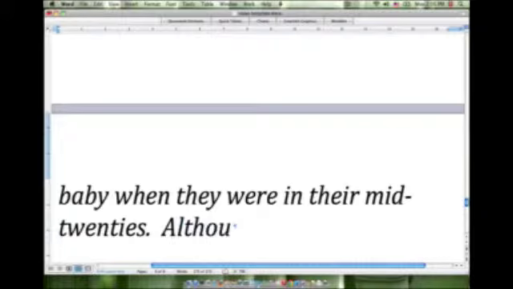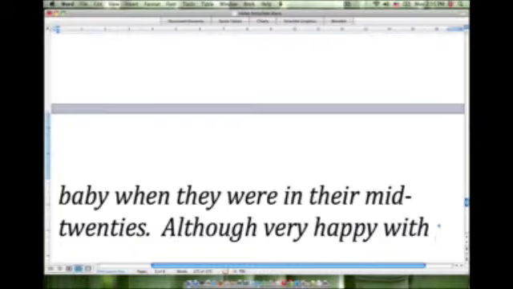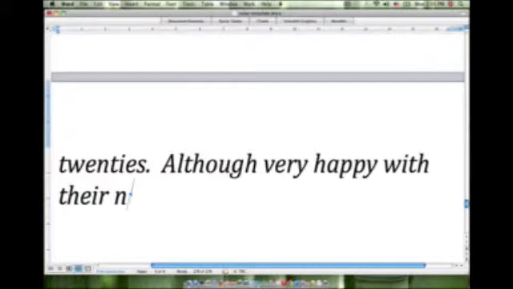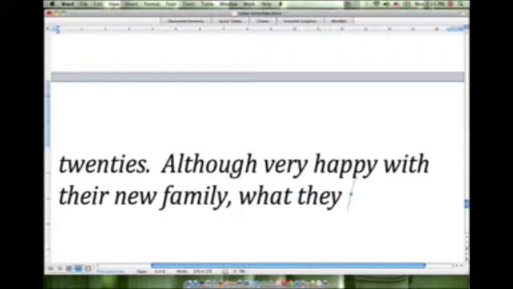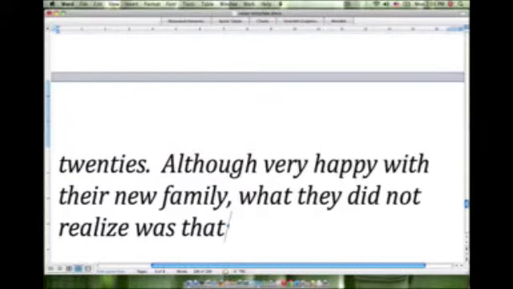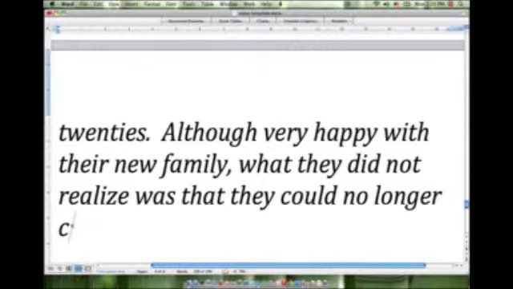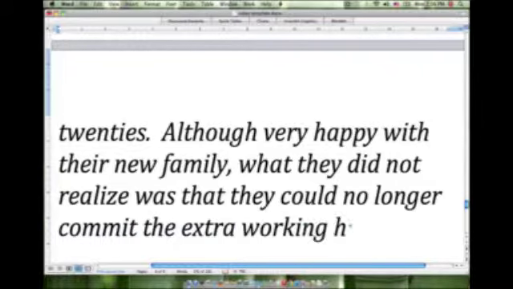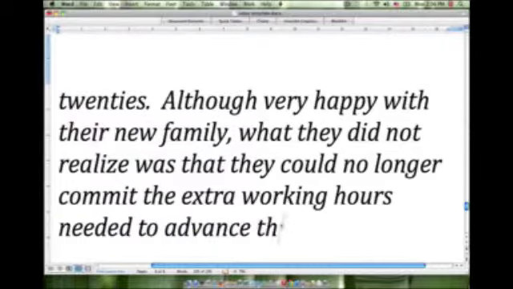So now let's talk about this a bit. Although, of course, they were very happy with their new family, what they did not realize was that they could no longer commit the extra working hours needed to advance their professions, we'll say.